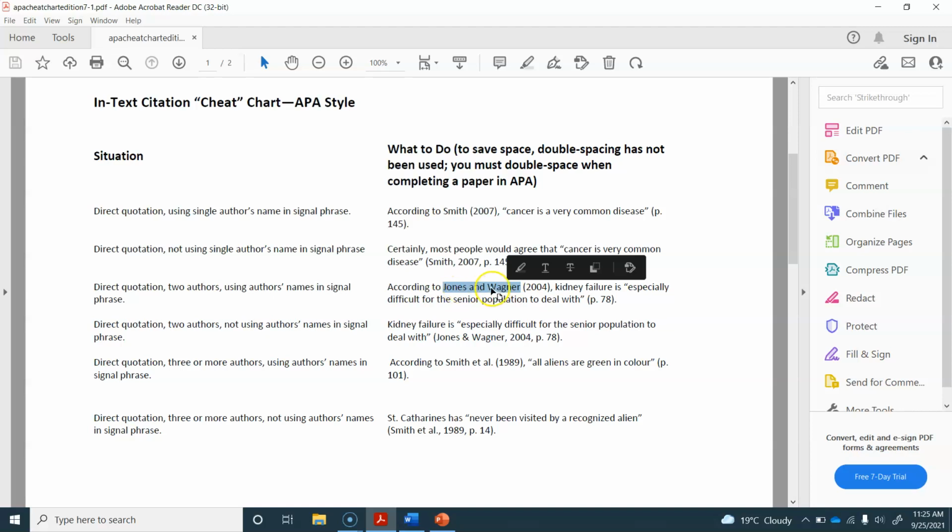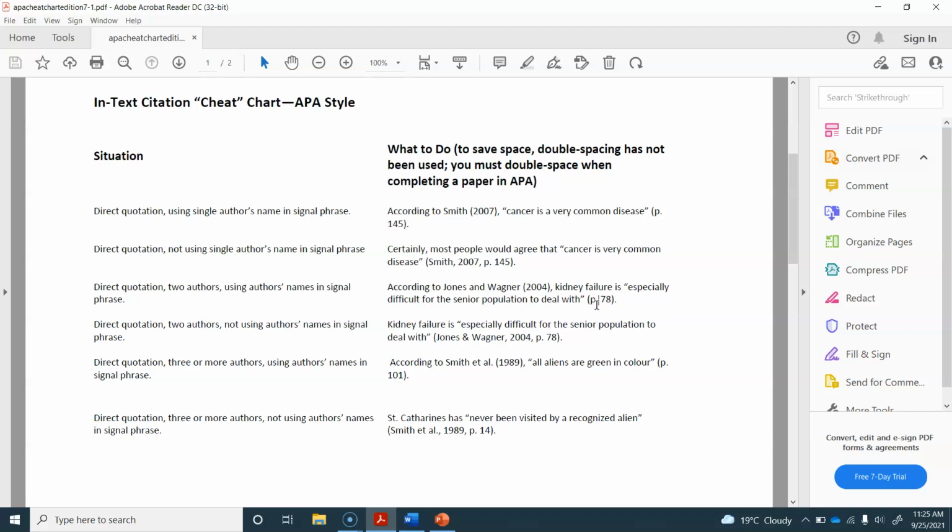Okay, so Jones and Wagner. Then I'm going to put the year of publication right after their names. Then I'm going to go into my quotation. So here's my word for word for word. And then I'm going to put the page number right after the direct quotation.